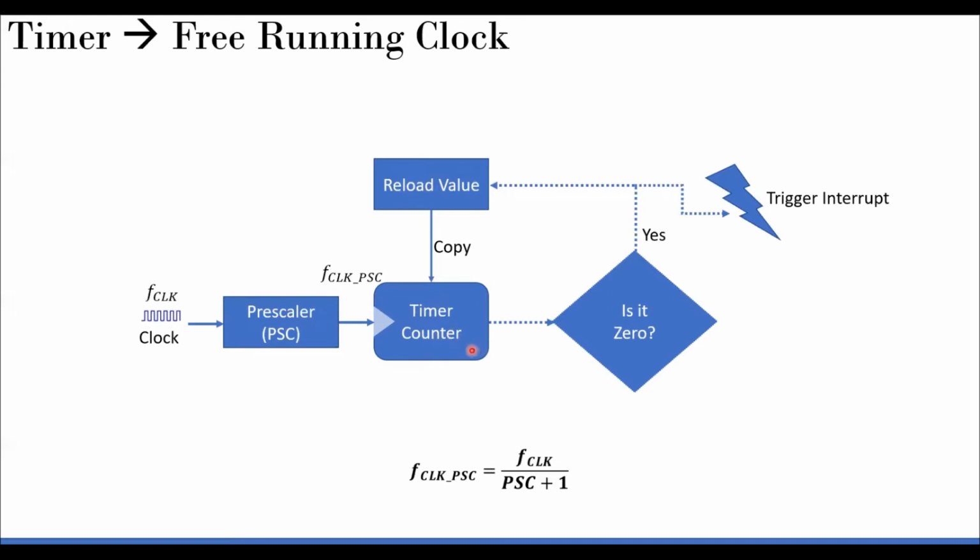So let's assume this is a down counter, and then what happens is, it started from some reloaded value. Let's say the counter counted down and it suddenly became 0. There is a comparator here which checks whether it is 0 or not. If it is yes, then it will trigger an interrupt. So there is a timer based interrupt that is possible, which you will be doing an exercise on.